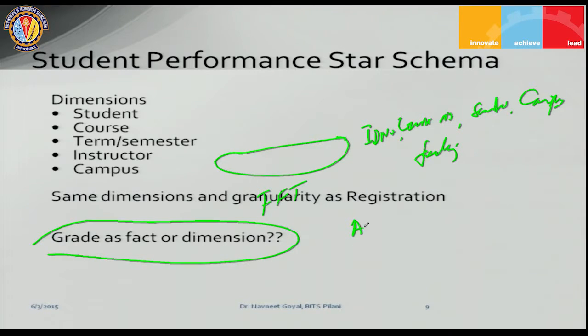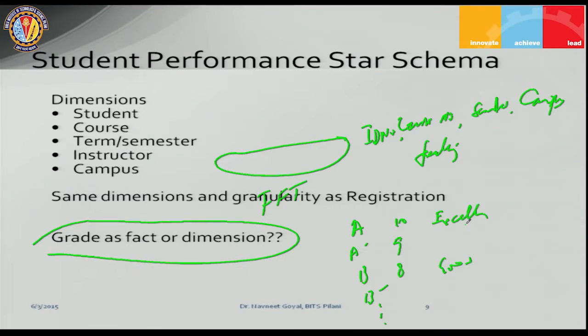So the grades are like A minus, B minus, and so on, and there is a GPA attached. So this is 10, this is 9, this is 8, and there is also a description, that is A is excellent, and B is good, something like that.